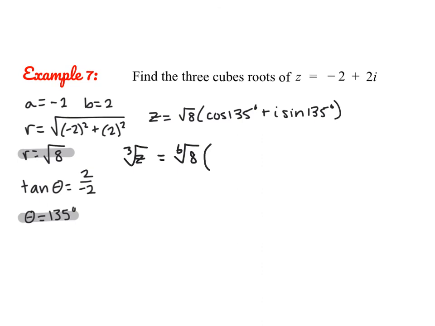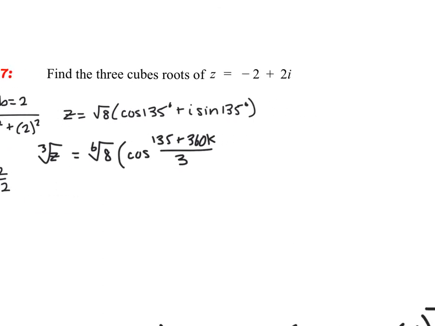Then we're going to do cosine of theta plus 2 pi, or 360 since we're in degrees, k over n, which is 3, plus i sine of 135, which is theta, plus 360 degrees k over 3.